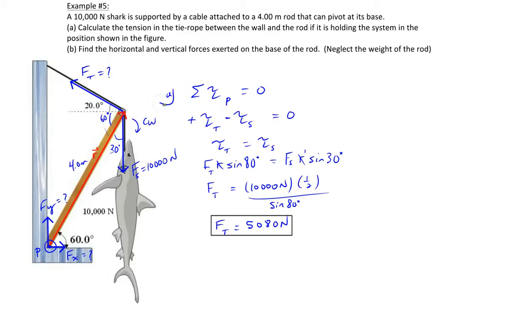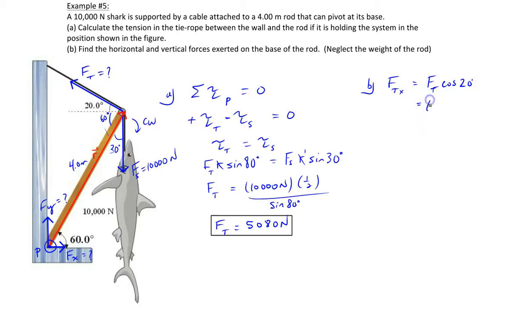Now that we know the tension along here, we know that is 5,080 newtons, we can then find the horizontal and vertical components of the tension. Let's do that. So the x component of that tension, we know this is 20 degrees. We want this side, which is the adjacent side of the hypotenuse, so we're going to be using Ft times cosine of the angle 20 degrees.